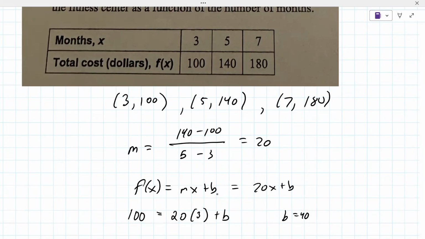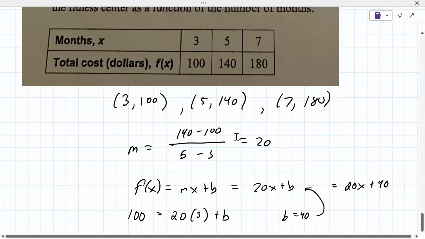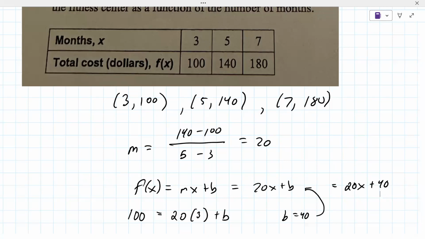So f of x equals 20x plus 40, great, which is h. Excellent. And you'll see things like, oh, join for only $20 a month, but there's a $40 initiation, which, if you're there long enough, doesn't matter.